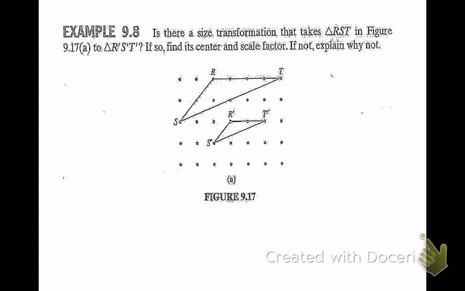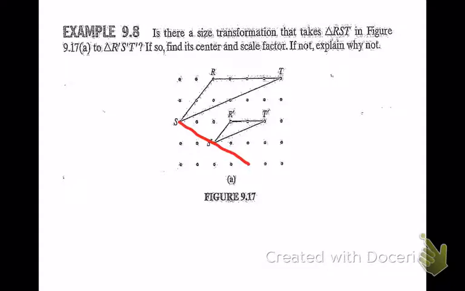So how do you do the size transformation? Is there a size transformation that takes triangle RST to triangle R prime S prime T prime? If so, find its center and scale factor. If not, explain why. So what you're going to do is draw a line from S to S prime, and extend that line.